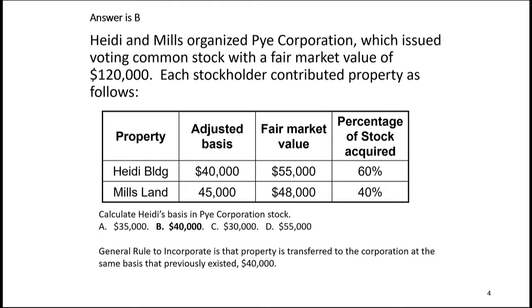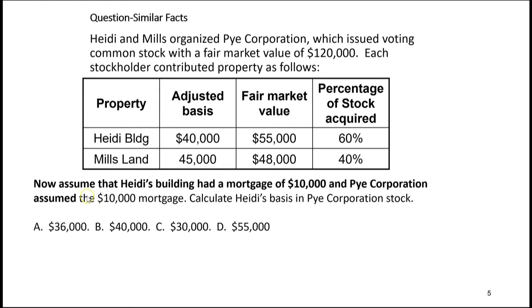Now there was no mortgage on Heidi's building, but what if there is? Okay, so now we're going to assume that Heidi's building had a mortgage of $10,000 and Pi Corp is going to assume the $10,000 mortgage. How's that going to affect Heidi's basis in the Pi Corp stock? Is it still going to be $40,000? Letter B?